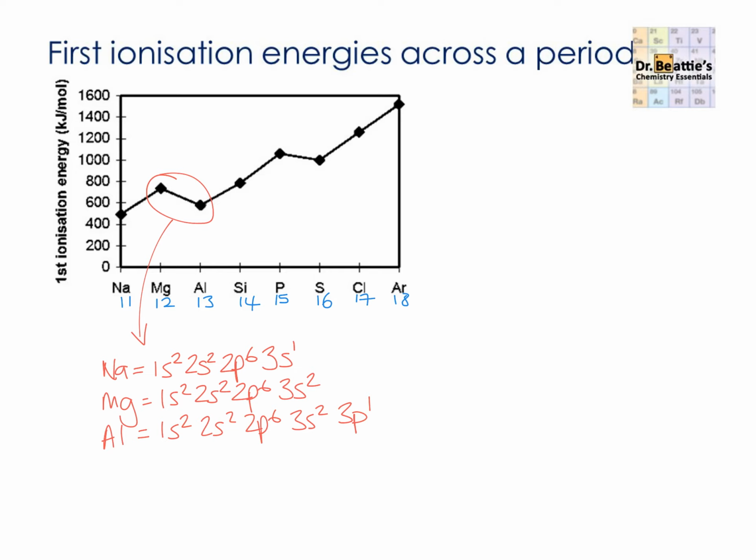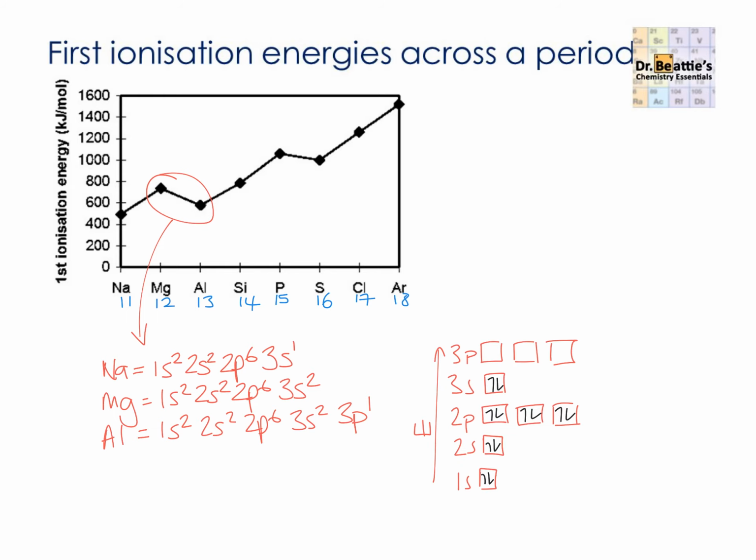And so if we draw this using an energy level diagram, we can see that as we add in this electron into our energy level diagram, we have entered into a higher energy level. And as we enter this outer electron into this 3p orbital, then it has a slightly higher energy than the 3s orbital of the magnesium.